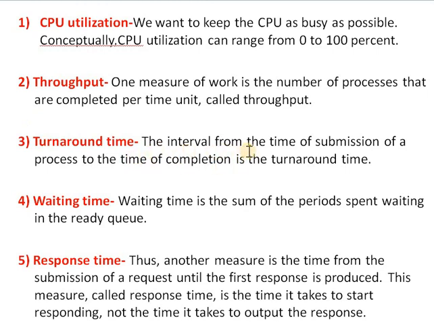Next concept is the turnaround time. The interval from the time of submission of the process to the time of completion is the turnaround time. That means turnaround time refers to the time between the moment of submission of a job or a process in the operating system and the time of its completion.